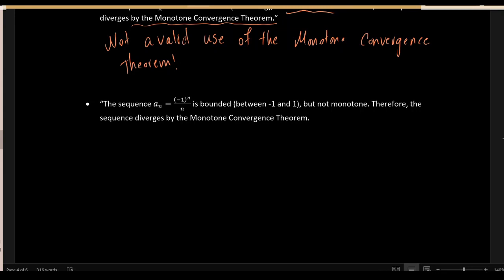This use is definitely not appropriate, for the same reason as before. The sequence is not monotone, and therefore the hypothesis of the monotone convergence theorem isn't satisfied. So the theorem is still locked.